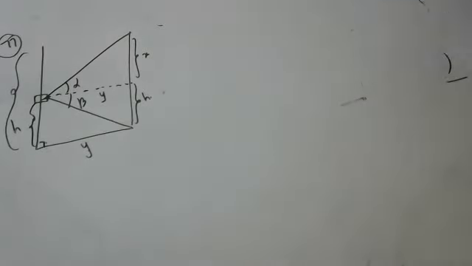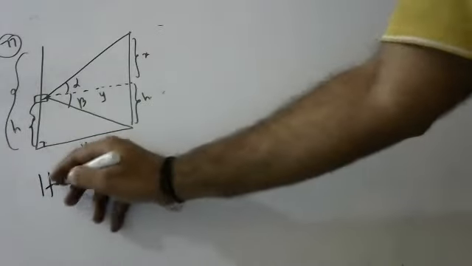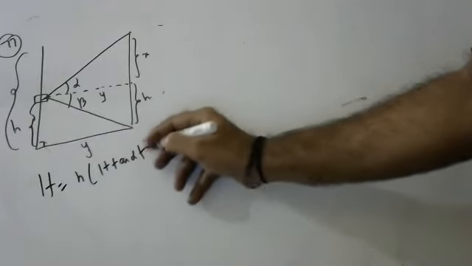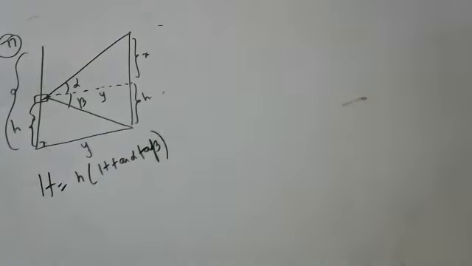Required to prove is that the height of the house is h into 1 plus tan alpha tan beta. Okay, children, a window of a house is h meters above the ground.